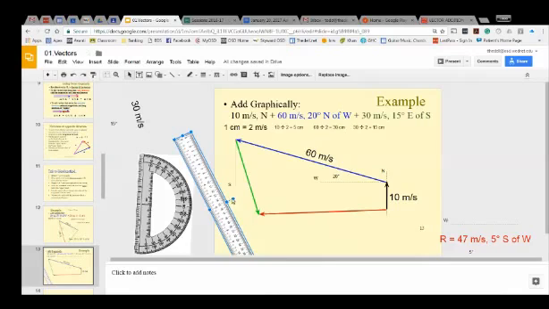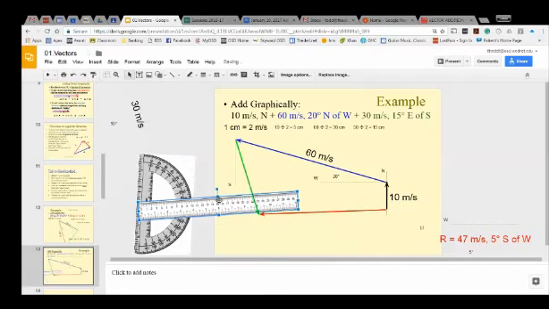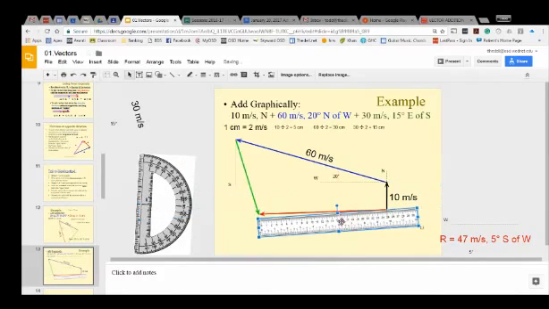I use the ruler to figure out how long that is. Previously measured on paper, I came up with about 47 meters per second.